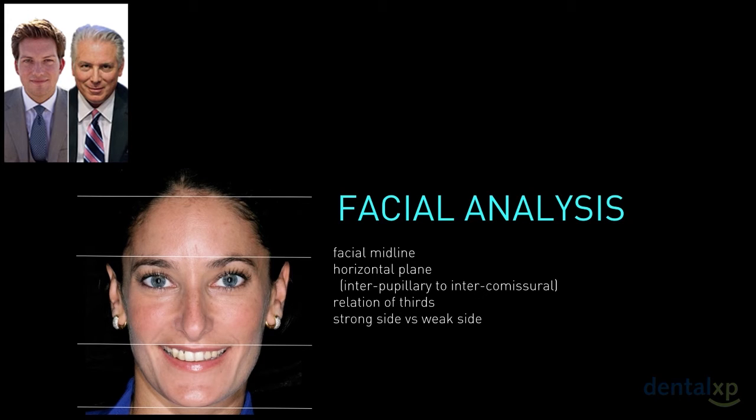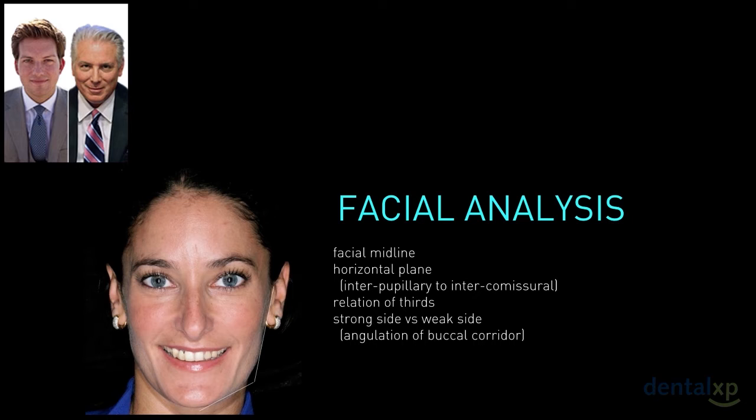And we're going to look at parameters of how we define the buccal corridor in terms of where we build the buccal corridor to, knowing that patients are not symmetrical from left to right, lends us to knowing that the buccal corridor also cannot be symmetrical from left to right, because we're really trying to use the buccal corridor with the teeth to really parallel and frame the position that the angle of the mandible is creating. And this was an article that was written for Inside Dentistry in 2012 on facial aesthetics that you can go back for a reference as well.